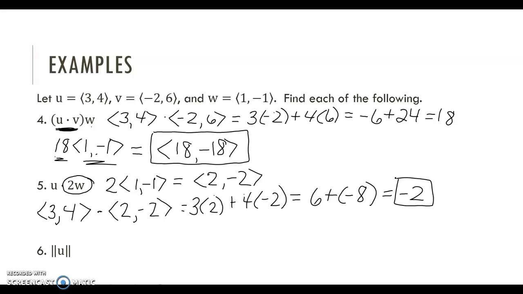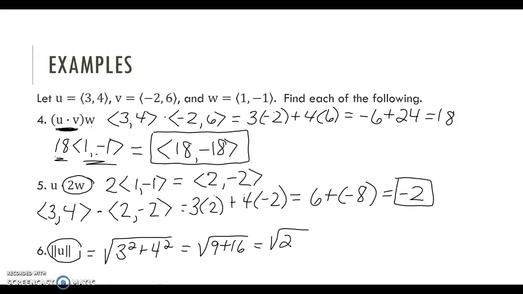Number 6 is actually a review of something that we did in the last section. If you remember, this notation is simply saying find the magnitude of u. I'm reviewing this for what we're going to do next. The magnitude of u, if the vector u is <3, 4>, is found by taking the square root of 3 squared plus 4 squared, which is 9 plus 16, and that's the square root of 25, which is just 5.